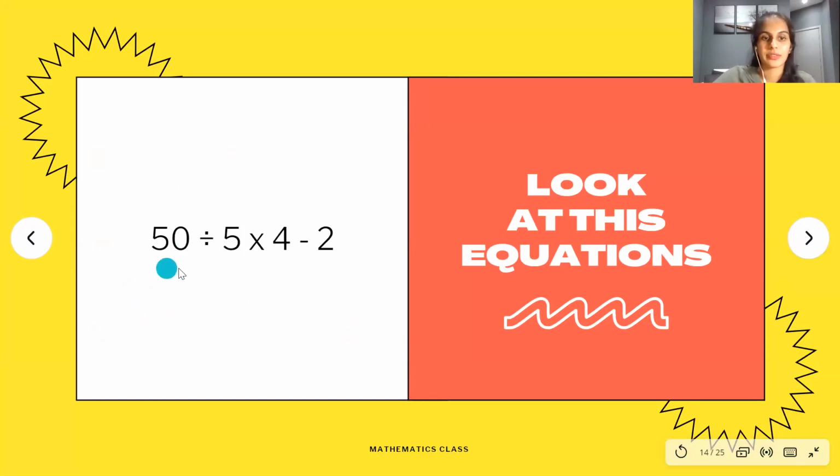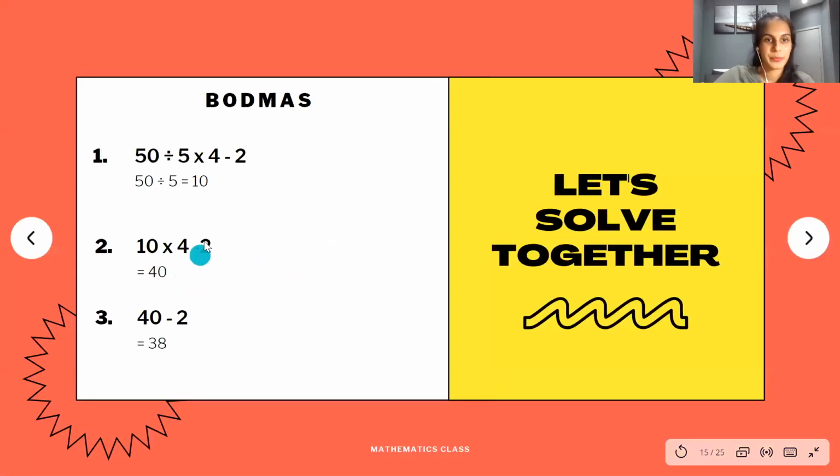All right, let's look at another equation. Here we have 50 divided by 5 multiplied by 4 minus 2. We don't have any brackets in this equation, but we do have division, multiplication, and subtraction. So here's how we would solve it. Again, in the BODMAS rule, you must do division first.